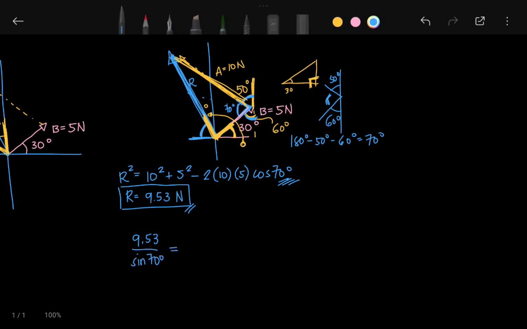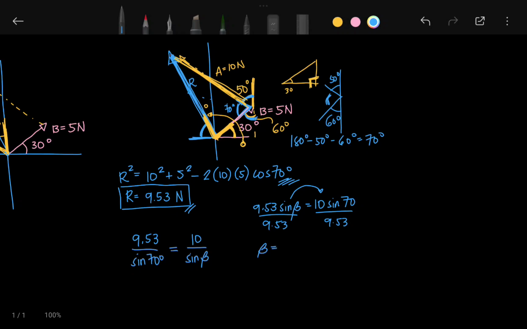Okay, let's proceed. So, 10 over sine, let's just use beta. And then, so that you don't take too long on the calculator, instead of shift solve, cross-multiply. 9.53 sine beta equals 10 sine 70. And then, we divide both sides by 9.53. And then, we know that sine will be transposed.